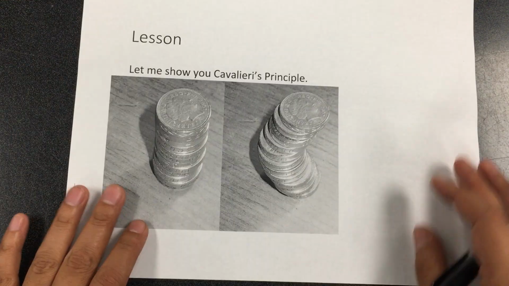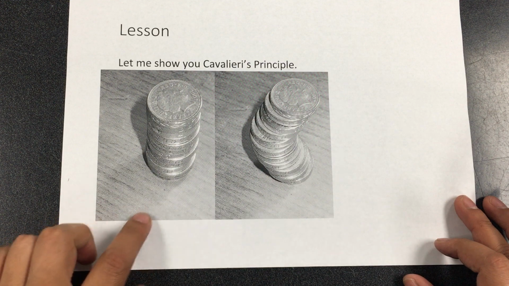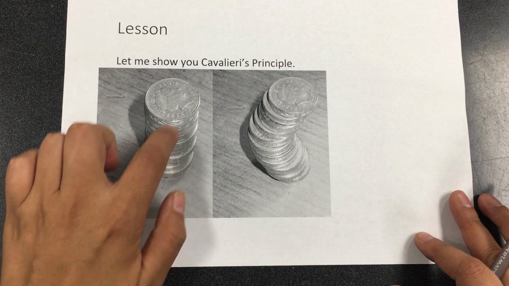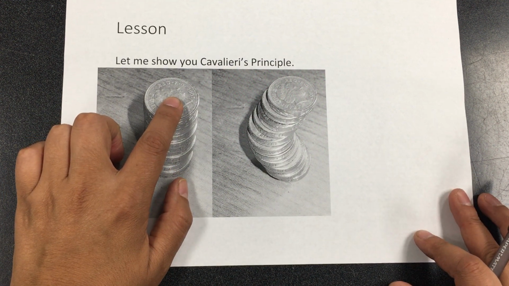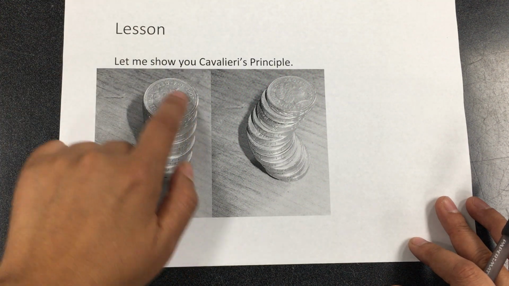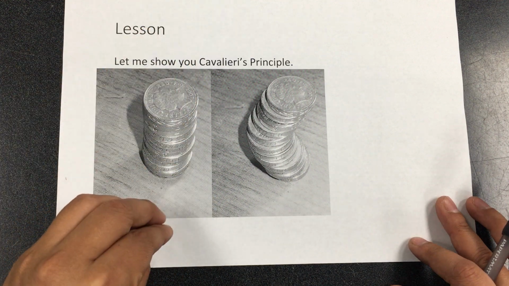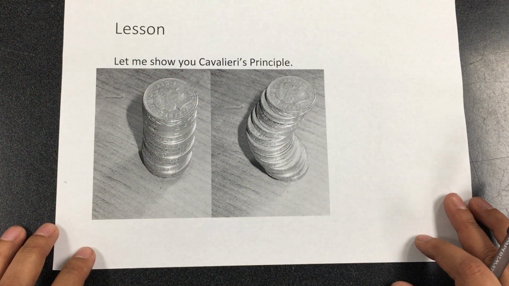And before we start, I just wanted to ask you, so this is the Cavalieri's principle. If we stack coins on top of each other, that occupies a certain amount of space, and that's what volume is.